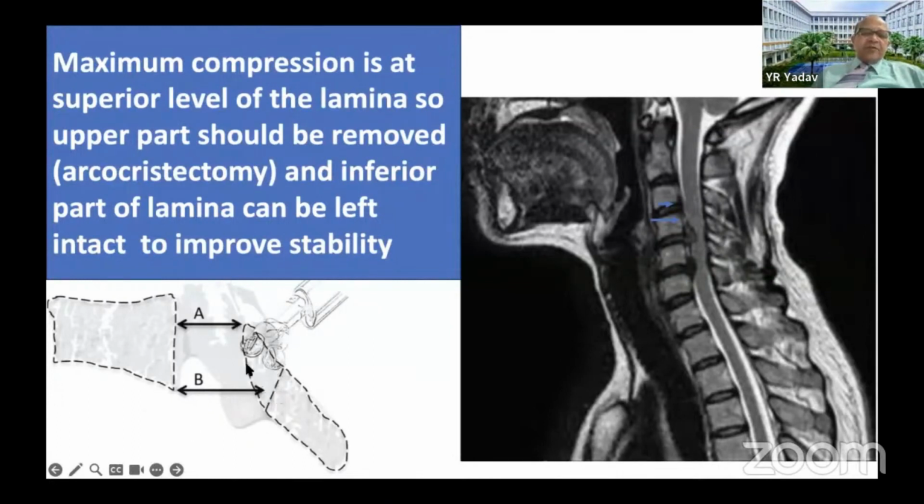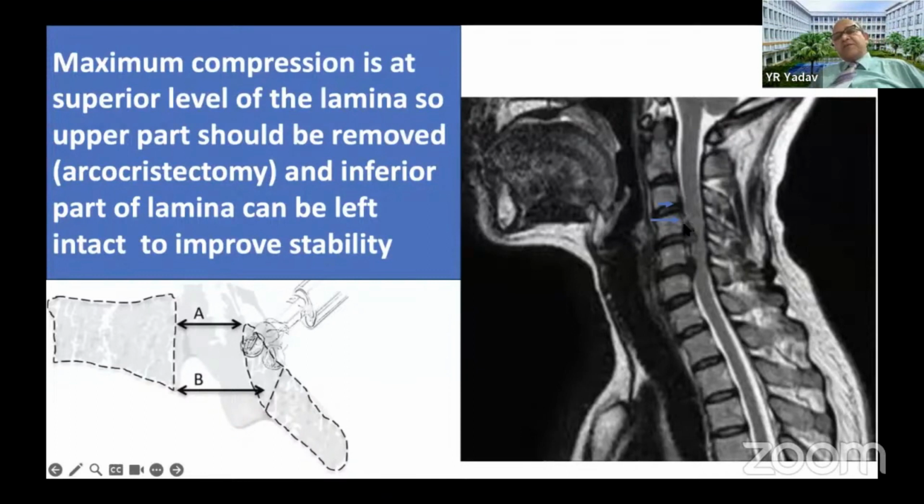This is the spinous process. Caudally, the distance B near the spinous process, the canal diameter, is sufficient. B is always much larger than the distance at the cranial portion of the lamina. So the cranial part of the lamina dips more towards the cord.